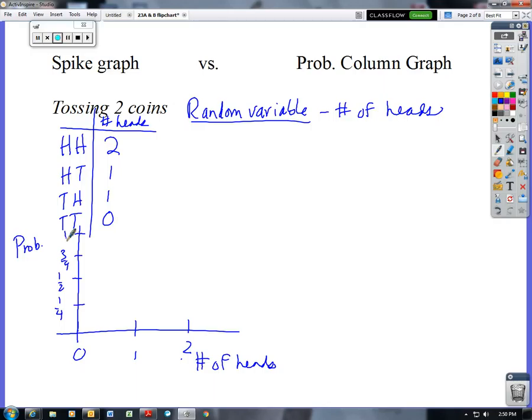And then the spike graph you would just draw. Looks like this. These are a little new to me. I'm going to be honest, I've never actually used these before. So looking at the book, they have a little open circle here for some reason. I'm not sure why that is.